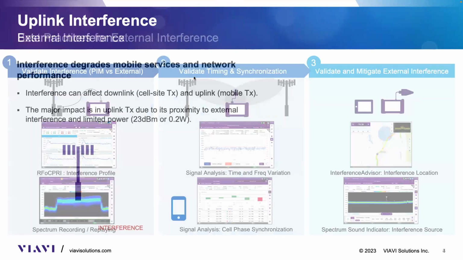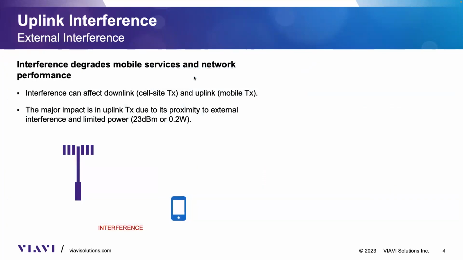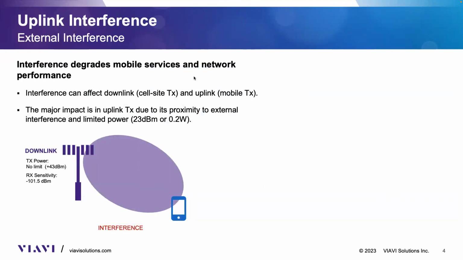For external interference, even though that interference exists and might be hitting the radio transmission or the downlink, typically it's more important to analyze the uplink. The reason is that the mobile is transmitting at significantly less power than the radio, so it's more sensitive to any kind of interference.